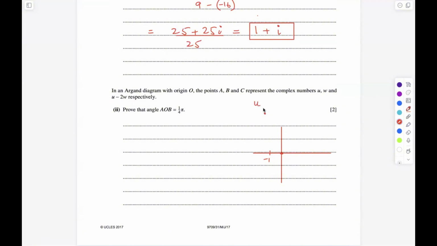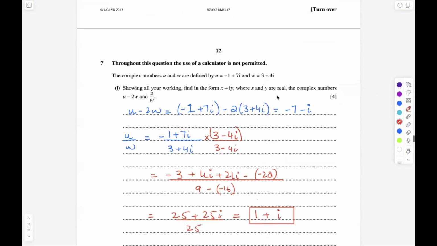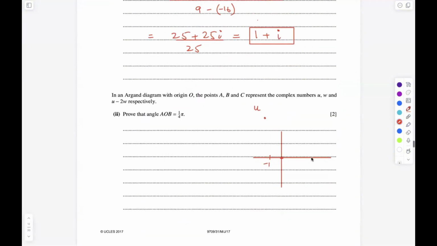And this is u. And w has the coordinates 3 + 4i, so this will be somewhere over here. As it is talking about the angle AOB, we know that u is A, w is B. So let's say this is point A, this is point B. We have to show that this angle is 1/4 pi.